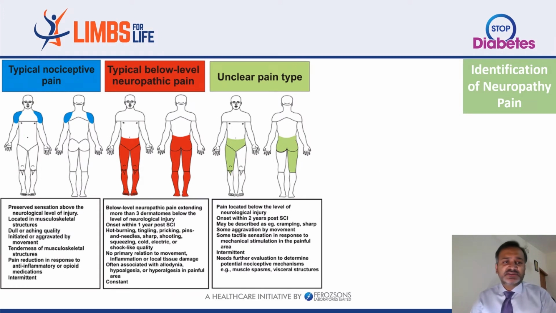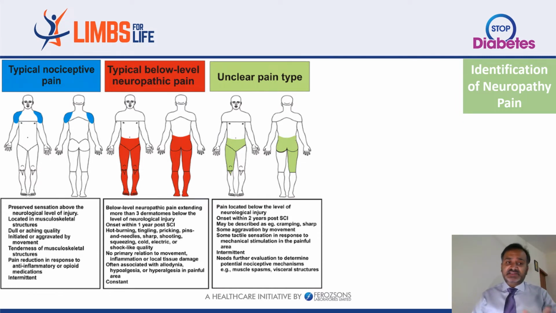Right. So moving on to typical nociceptive pain. In typical nociceptive pain, there's a preserved sensation above the neurological level of injury, right? Located usually in the musculoskeletal structure. The pain may be dull, aching, or it may be sharp, and usually is aggravated by movement, right?